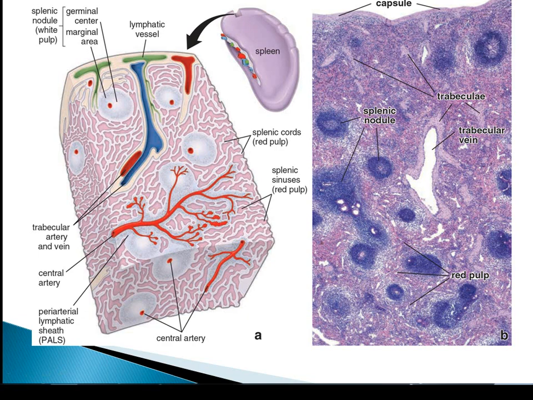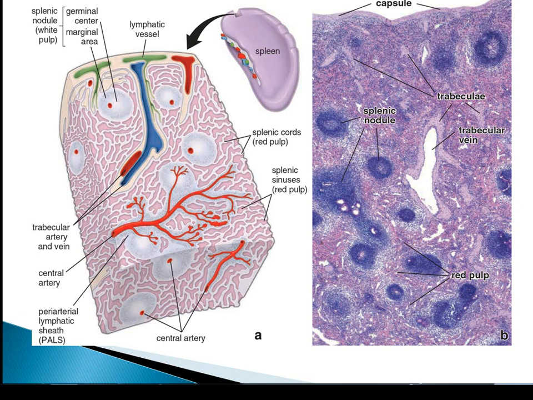And the red pulp is composed of the vascular spaces or sinusoids here, surrounded by the stroma of the red pulp, the splenic cords, consisting of a network of reticular fibers that are invested by stellate reticular cells, and they prevent the collagen fibers from contacting extravasated blood that percolates through the interstices and precipitating the coagulation cascade.